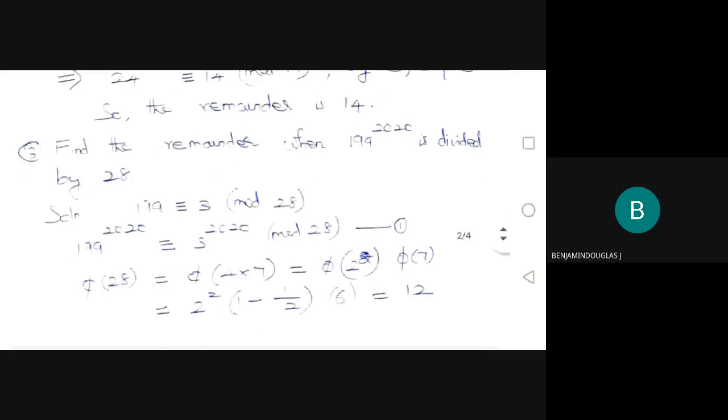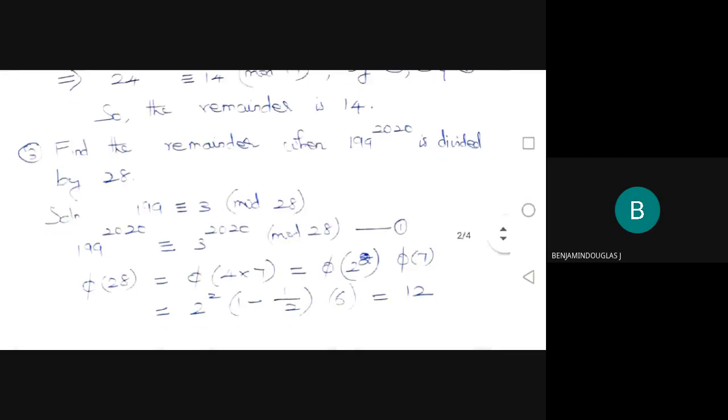Now find phi of 28. The mod value is 28, and 4 sevens are 28. Since phi is a multiplicative function, it can be written as phi of 4 into phi of 7. 4 is equal to 2 square, so phi of 2 square into phi of 7.